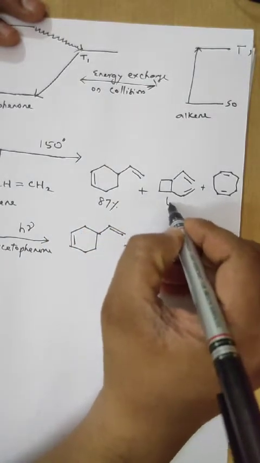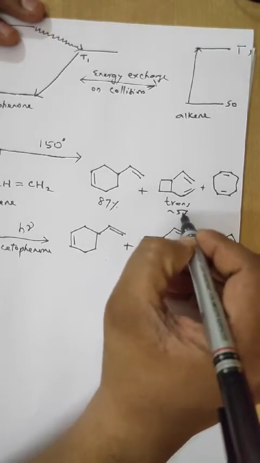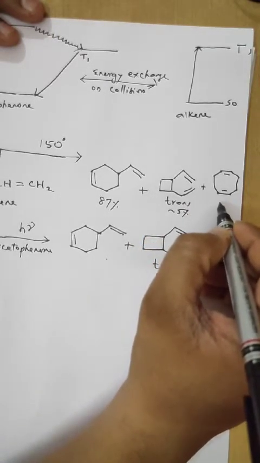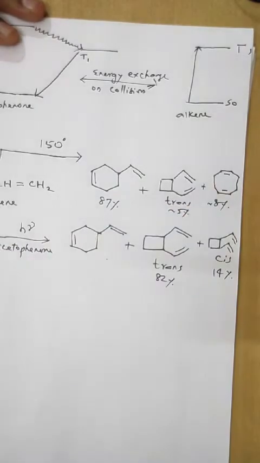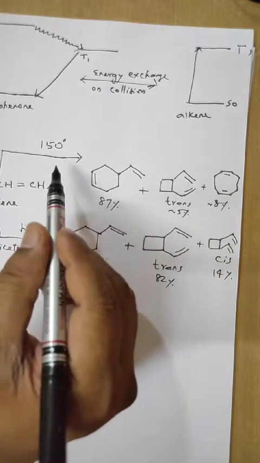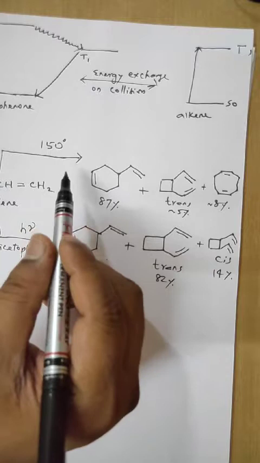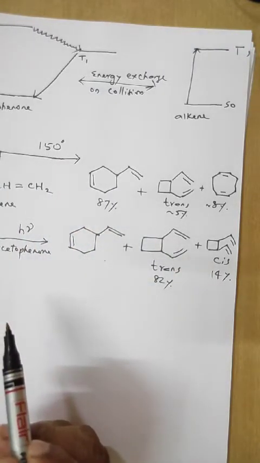This one is trans, around 5 percentage. This is 8 percentage, totally 100. So this is the difference between thermal and photochemical cycloaddition reactions.